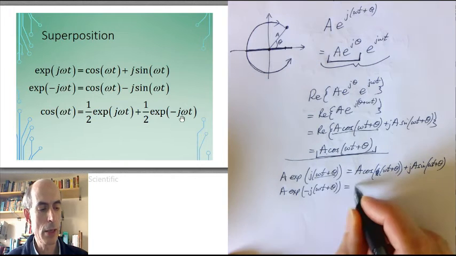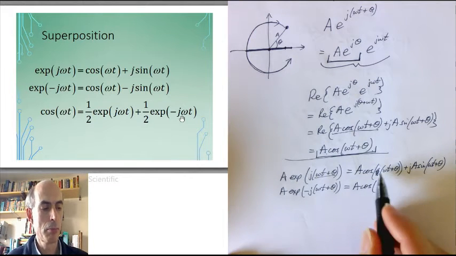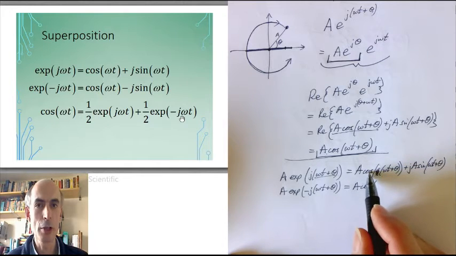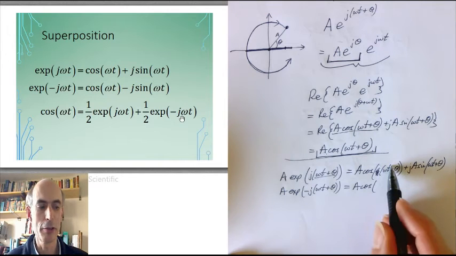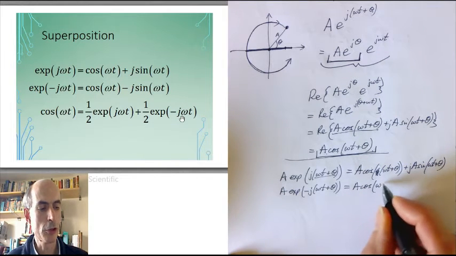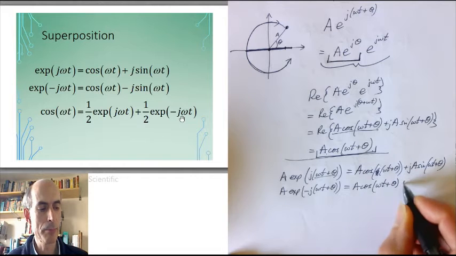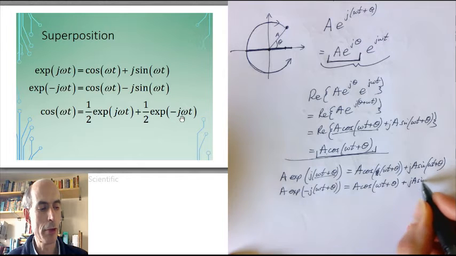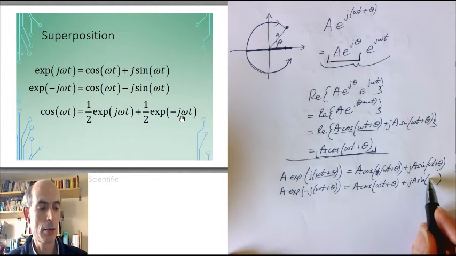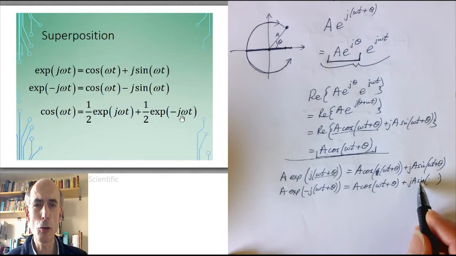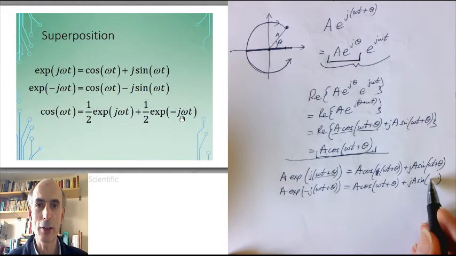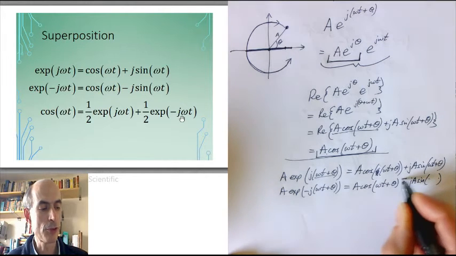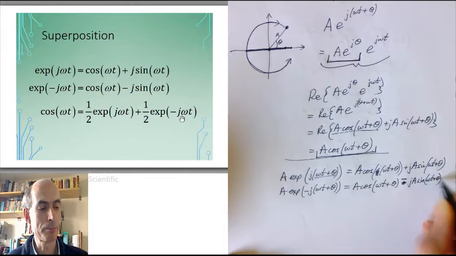That would work out to be A cosine (minus omega t plus theta), but cosine is an even function, so the cosine of minus x equals the cosine of x. That would just be equal to cosine (omega t plus theta) again, plus jA sine of (minus omega t minus theta), but sine is an odd function, so sine of minus x equals minus sine of x. So we could just replace that with minus sine (omega t plus theta).